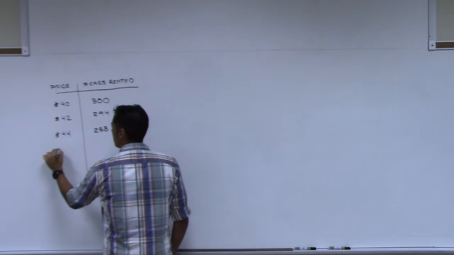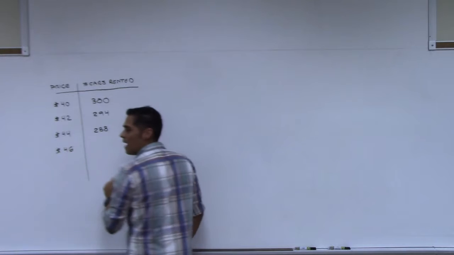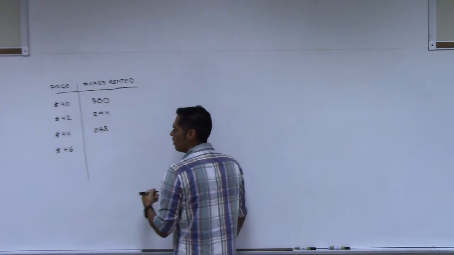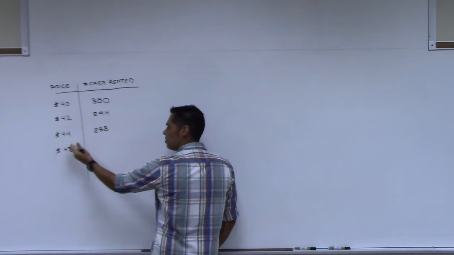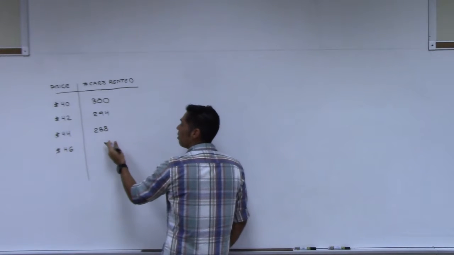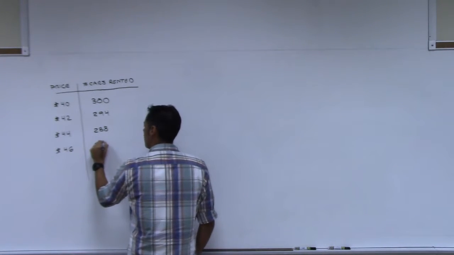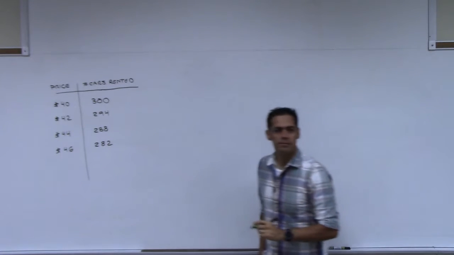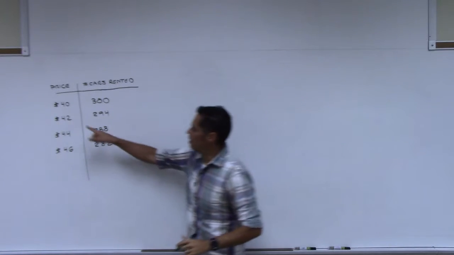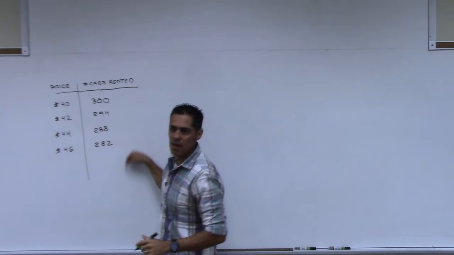I was only doing this to try and come up with a pattern, just so we could see what's going on. Price keeps going up by $2. The demand of the cars keeps going down by 6, right? So 282 would be next. So this goes up by 2. These go down by 6.